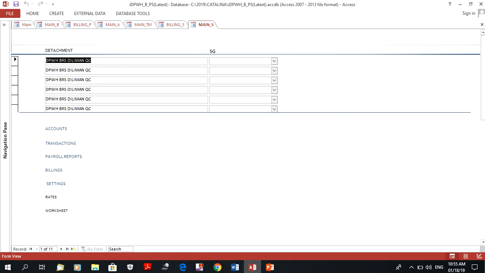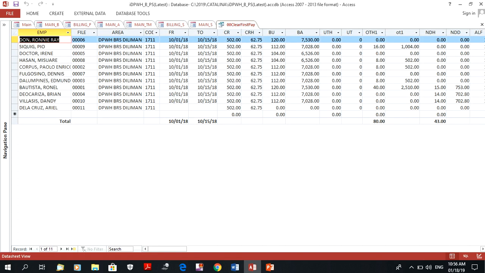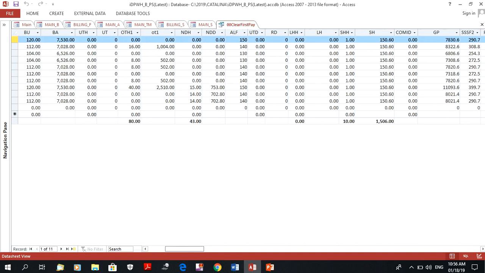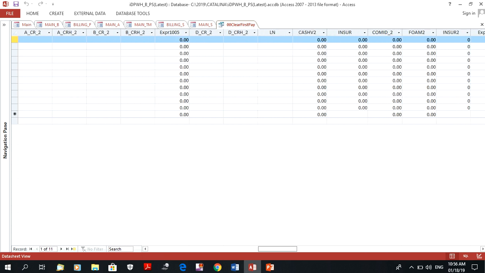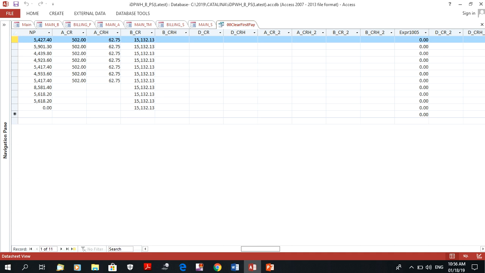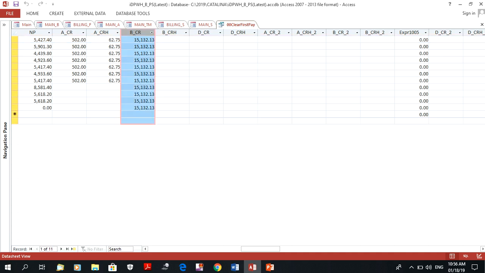Just click on the rates and it should show you the two rates you will be using for the first and the second pay period. But for now, let's focus on BCR. BCR is the rate used. This is where you input those rates.